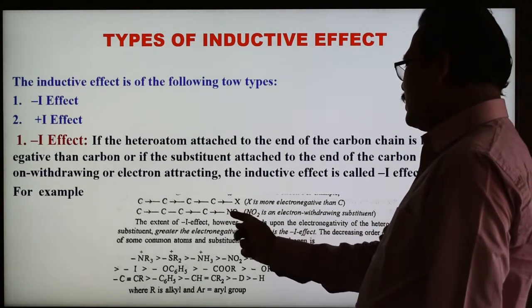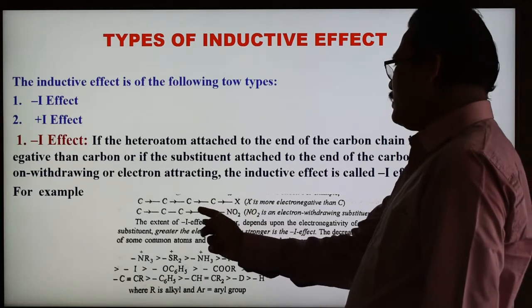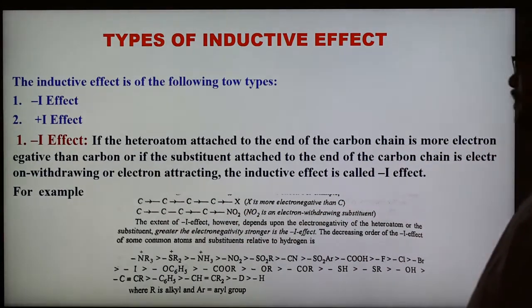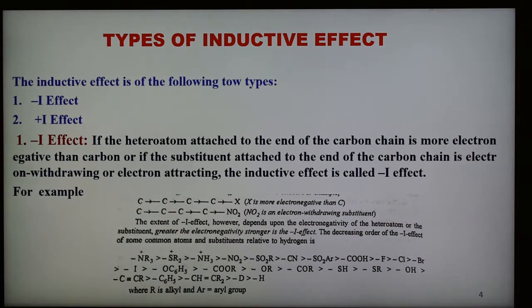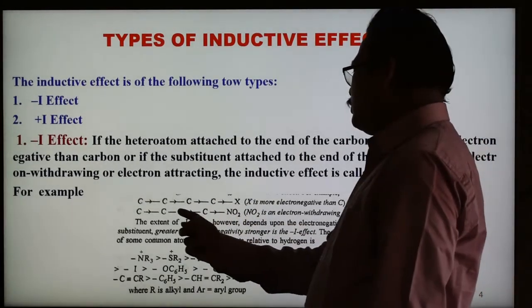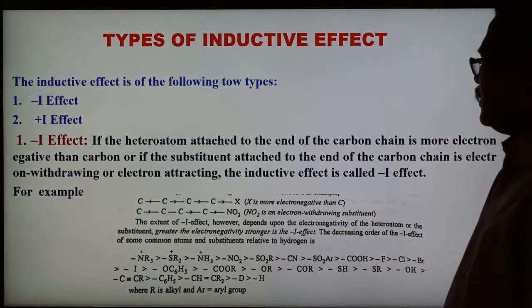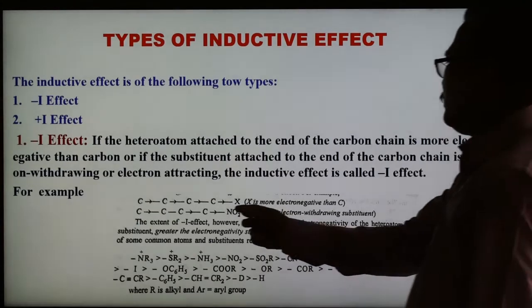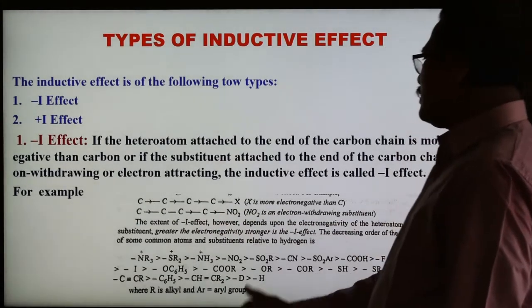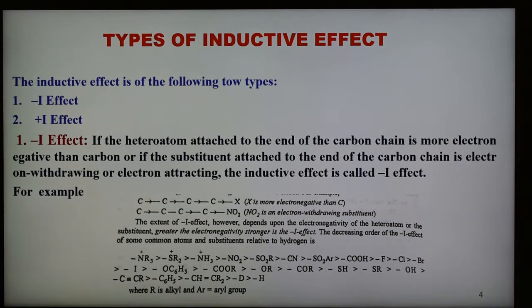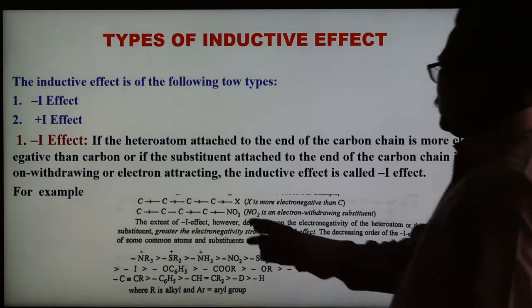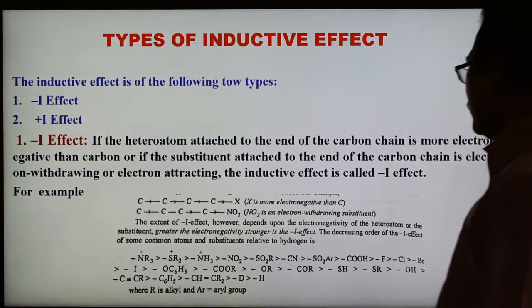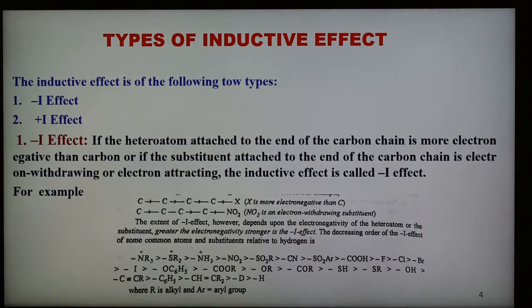So this is negatively charged and this is positively charged, and as the distance increases, this positive charge decreases. So there is an effect up to carbon 2, and after carbon 2 the effect of this electronegative group is negligible. So NO2 is an electron withdrawing substituent.